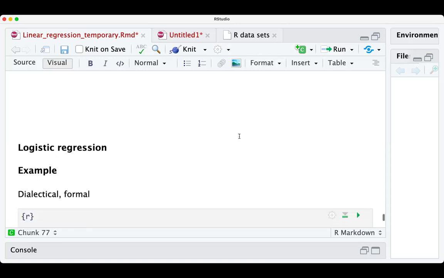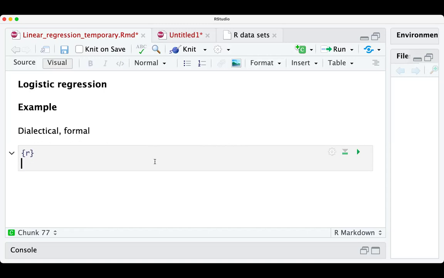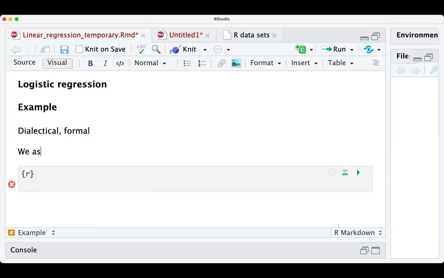Let's collect the simplest data that we can collect, which is, for instance, we ask some people to say a sentence, and we observe which variant of the word they used.